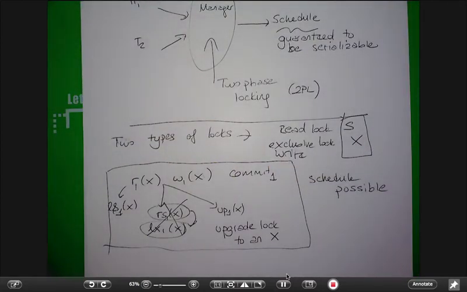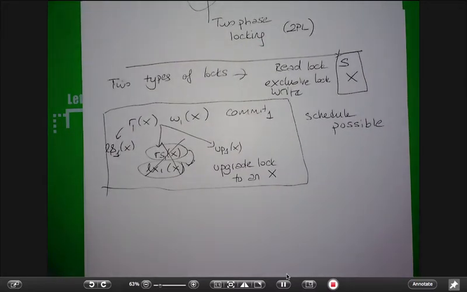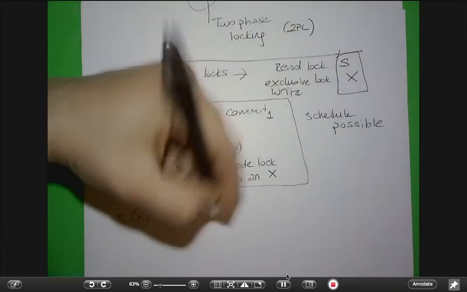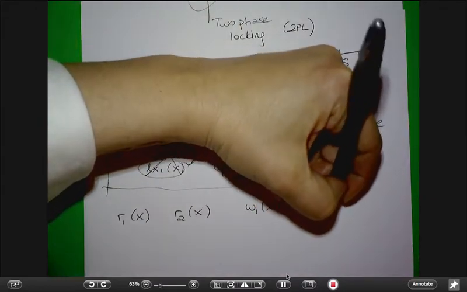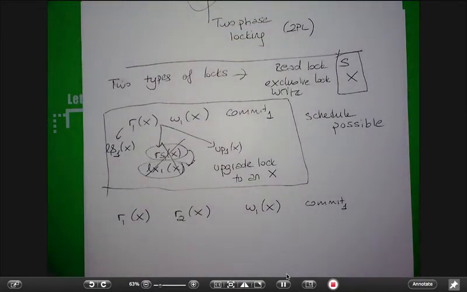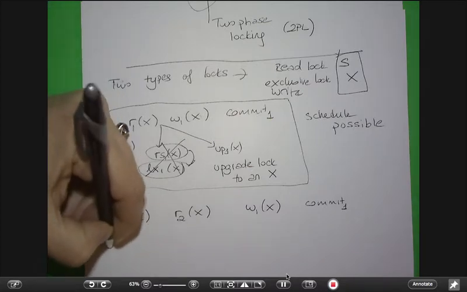Okay. So let's try to see a different one. Let's say I have read 1 of X, read 2 of X, write 1 of X, then commit 1. Well, let's do this. So can I do this, for example? Is this possible? Well, I will have to lock this with a shared lock.